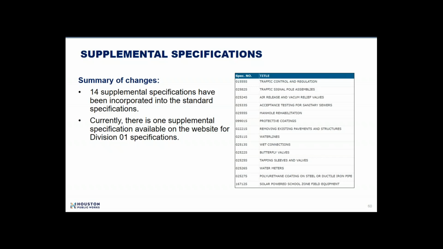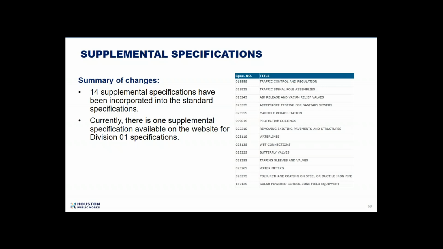There were a few other specifications that were revised during this review cycle that were not related to storm. Previously on the site, there were 14 supplemental specifications. All of those supplemental specifications are now officially incorporated into the standard specifications.